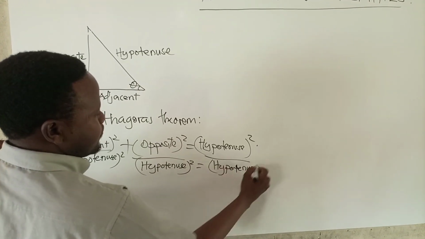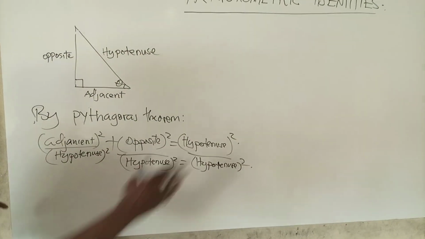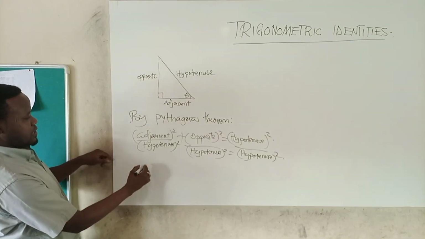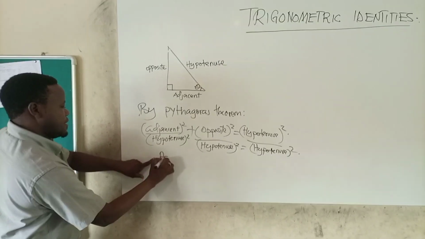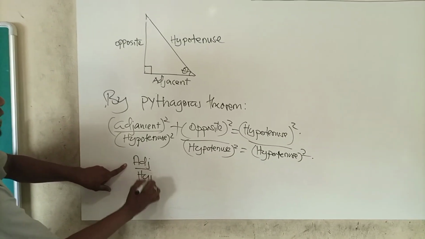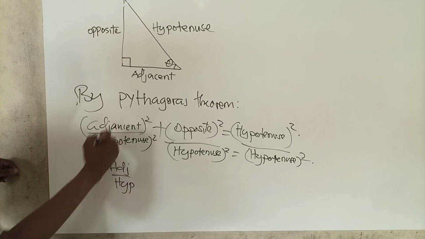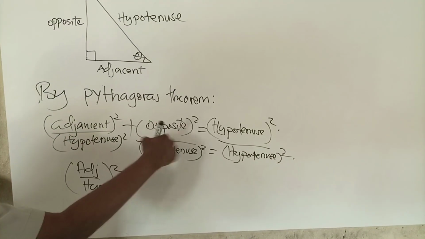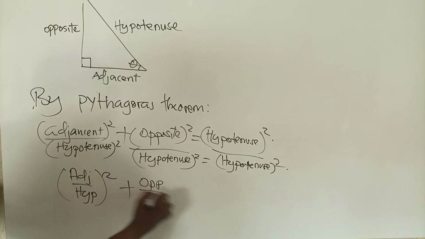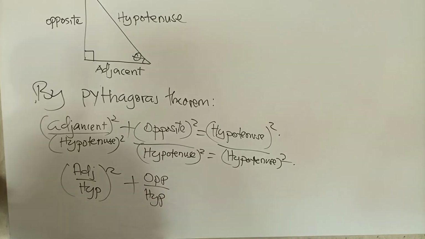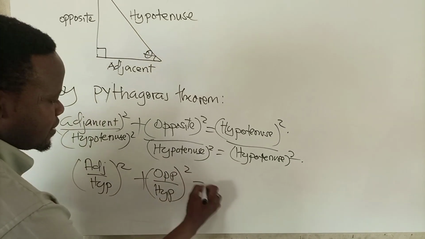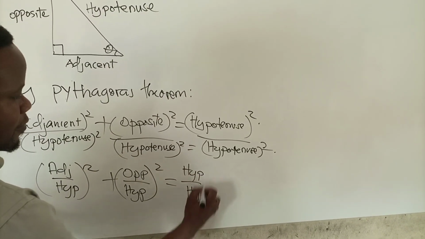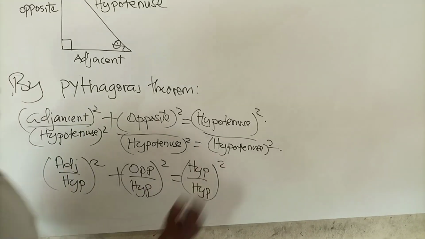So when we divide throughout the equation, this one is going to be adjacent over hypotenuse, here abbreviated in short, squared, plus opposite over hypotenuse, squared, is equal to hypotenuse over hypotenuse, squared.